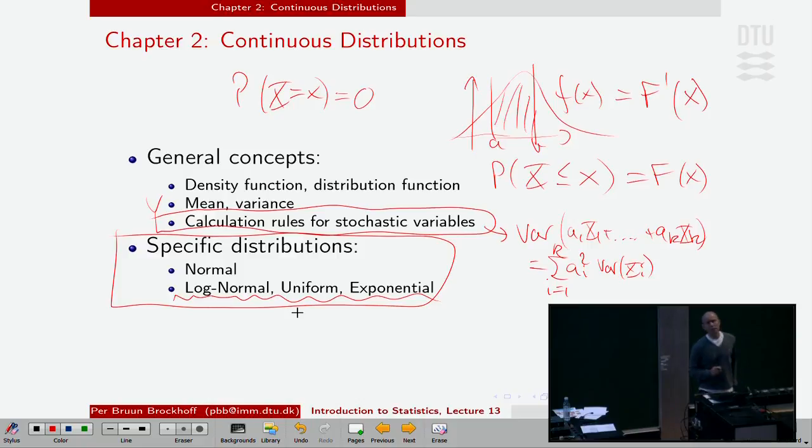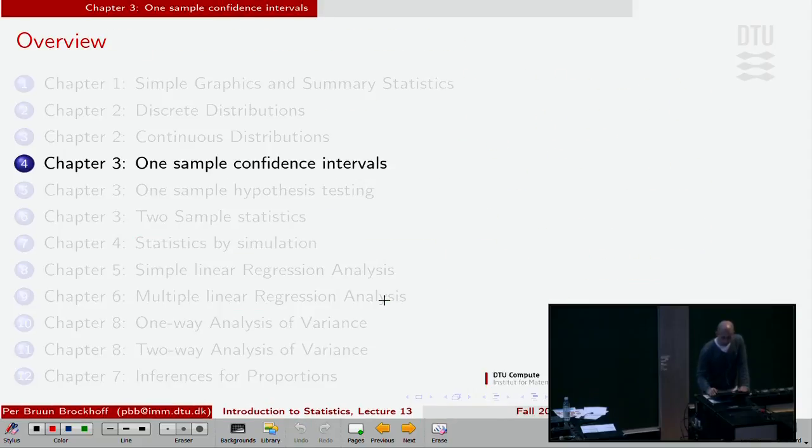And there are situations that, for instance, the exponential distribution we saw nicely used for waiting times, for instance, or reliability observations, lifetime of either components or people if you're in the bio area. So that was the continuous distributions.